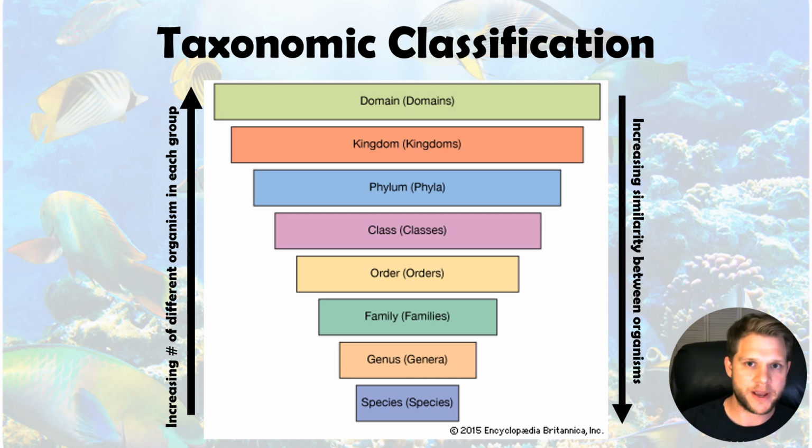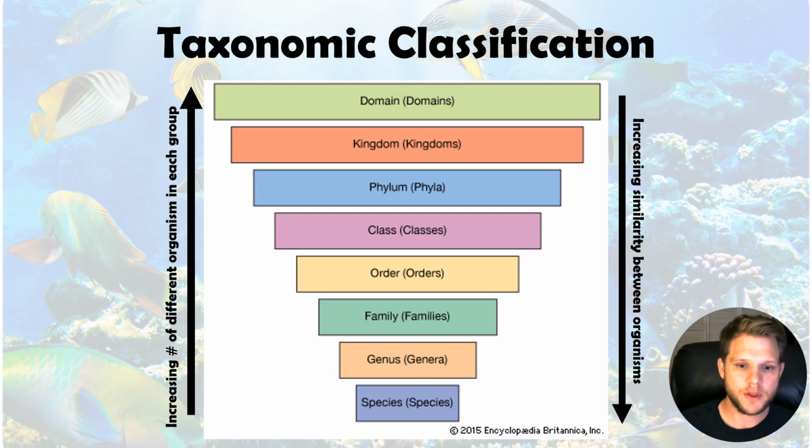There are 3 domains for all of life. It's bacteria, it's archaea, which are a type of bacteria or related to bacteria. They live in extreme environments typically. And then the third are eukaryotes. Eukaryotes are organisms that have membrane-bound organelles. They also have a nucleus in their cells. And this includes all animals, all plants, all fungi.